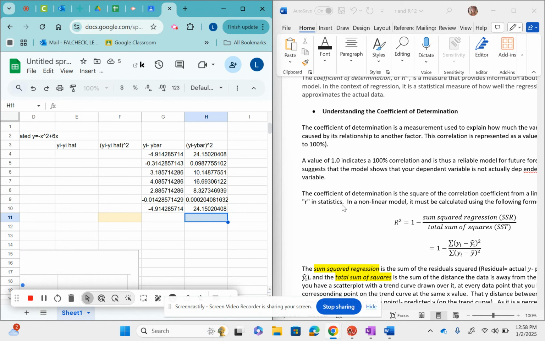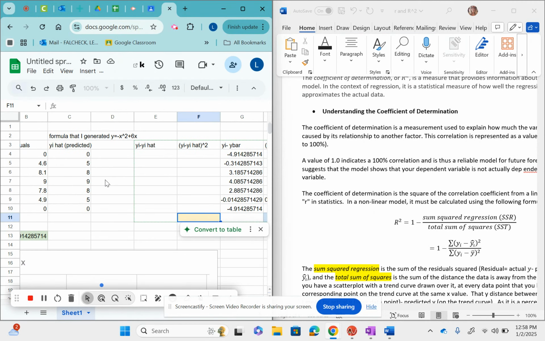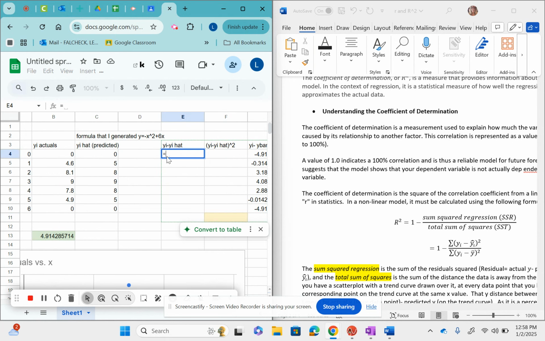And then I'm going to sum all those, and that'll become my denominator there. Then this is the vertical difference between the actuals and the predicteds from the model. So what I'm going to do is this: the actual minus the predicted.